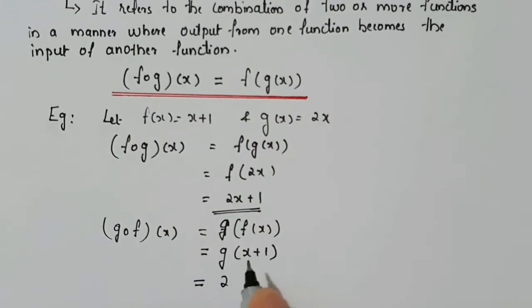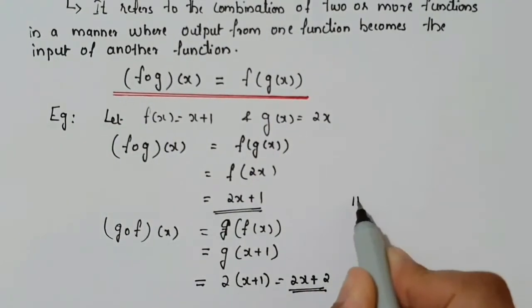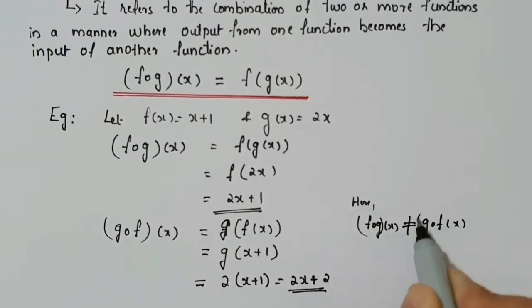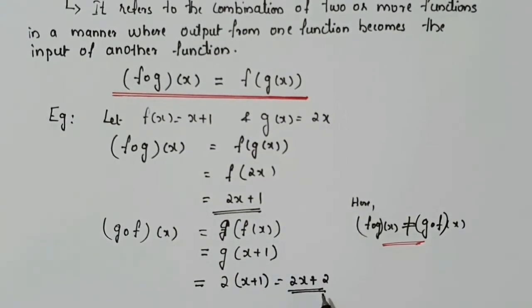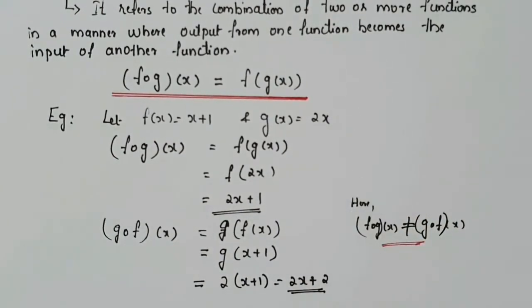Therefore, g of x plus 1 is 2 into x plus 1, which is 2x plus 2. Here, f of g of x is not equal to g of f of x. So, order matters when calculating their composition. So, this is a brief introduction about composition of functions.